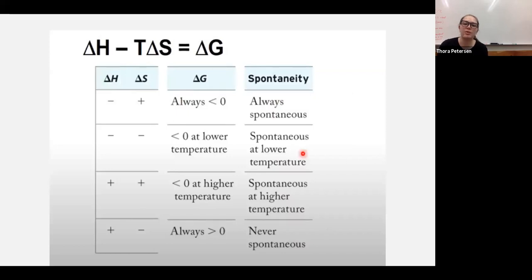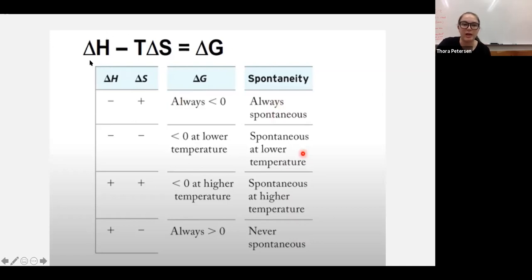So how do we know from this information whether a reaction is going to be spontaneous or not? If we have a negative delta H and a positive delta S, it's always going to be spontaneous, and delta G is always going to be less than 0.